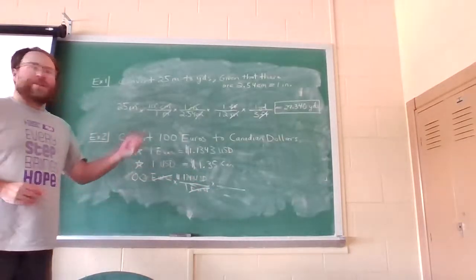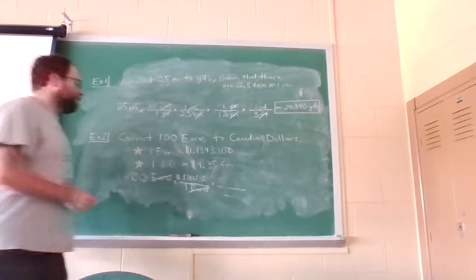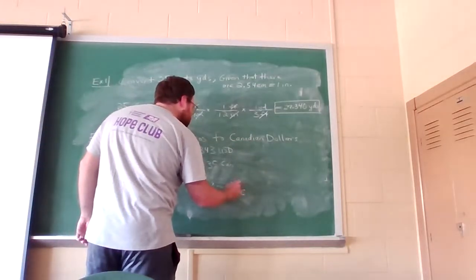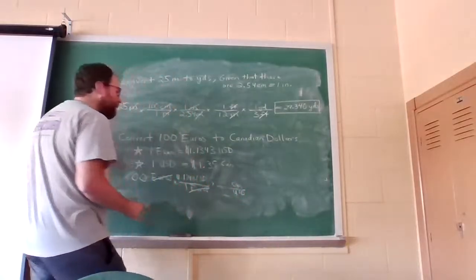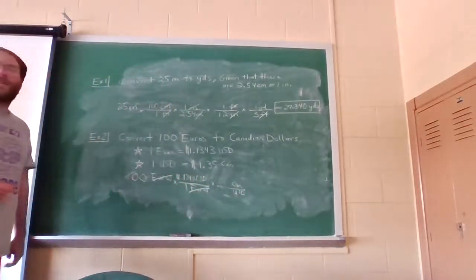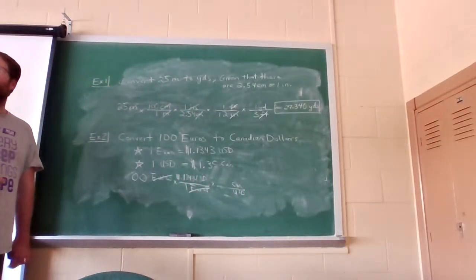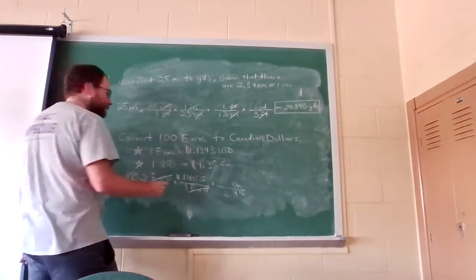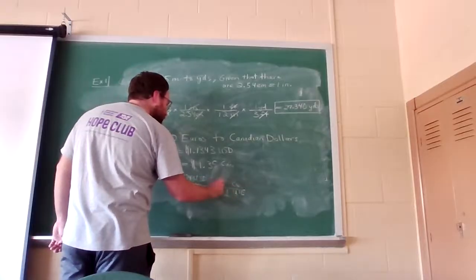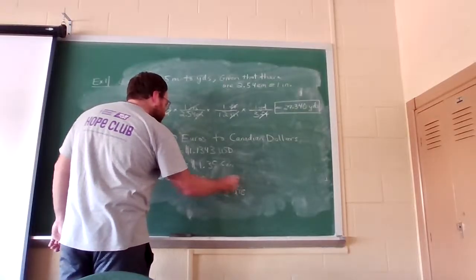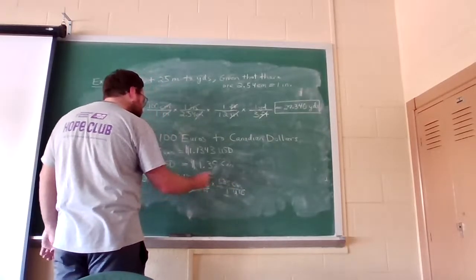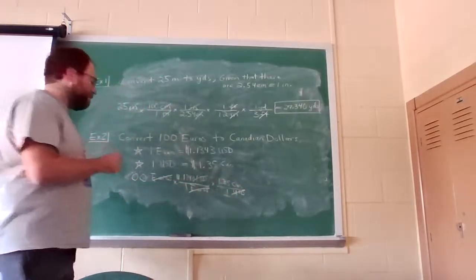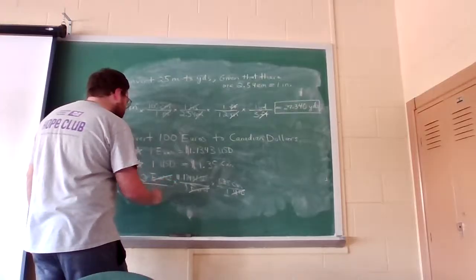We want to go to Canadian. So US dollars on the bottom there, Canadian on top. What numbers where? $1 US on the bottom and 1.35 on the top. Yep, that's really over 1.